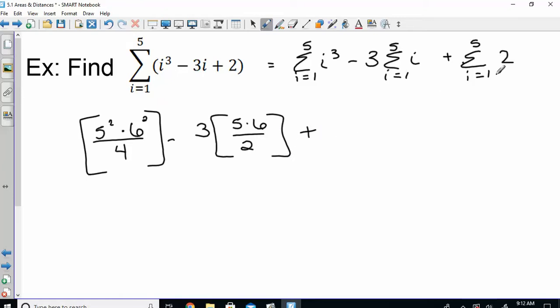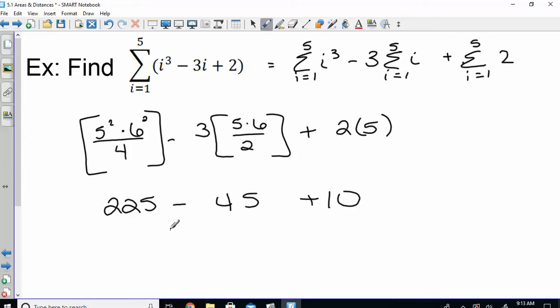Plus, what's the formula for adding up this 2? 2 times n, so just 2 times 5. So we get 225 minus 45 plus 10, or 190.